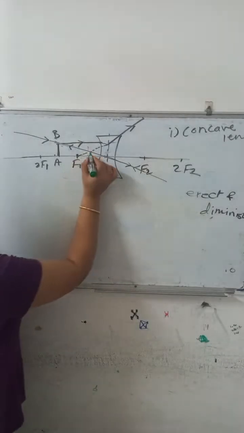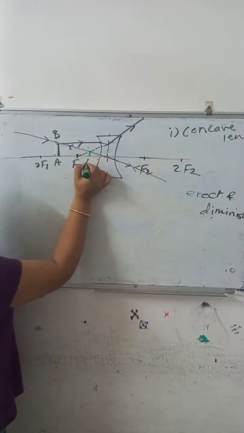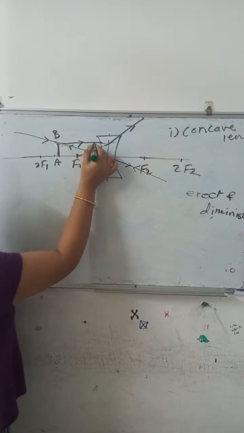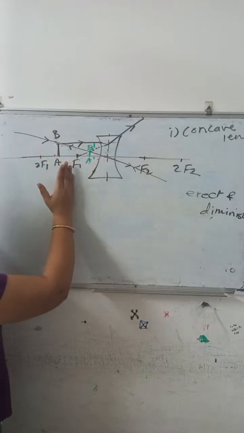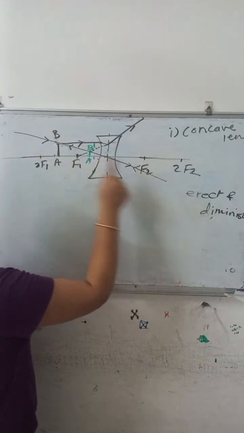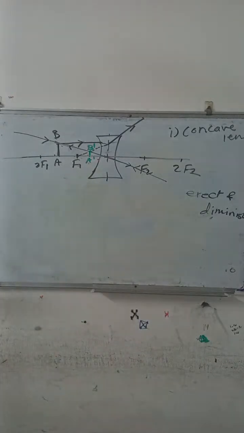This is A dash and this is B dash. Image formed on the same side, so it is erect and diminished. So this ray diagram proves that this is the concave lens, and we also proved here this is erect and diminished. Can you get this?